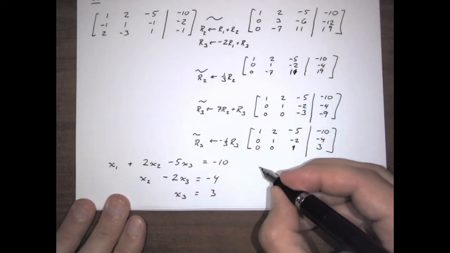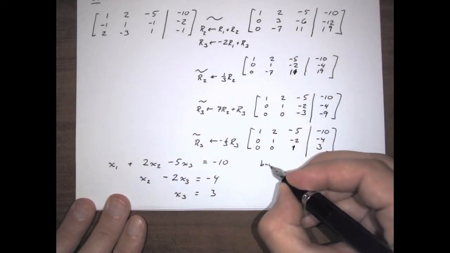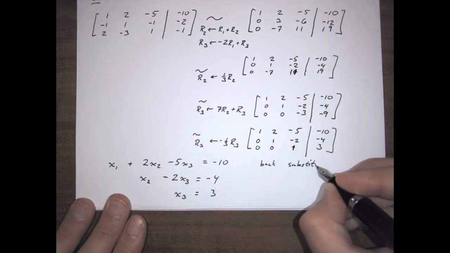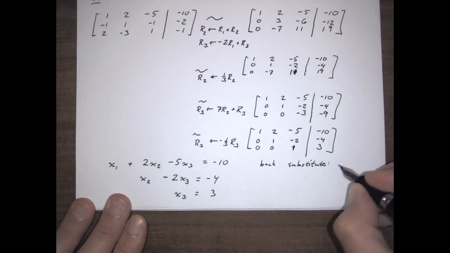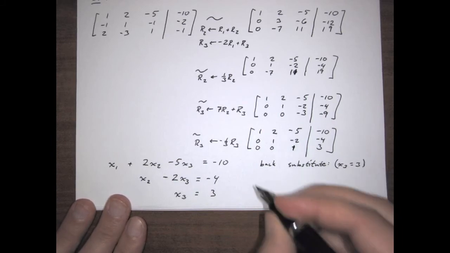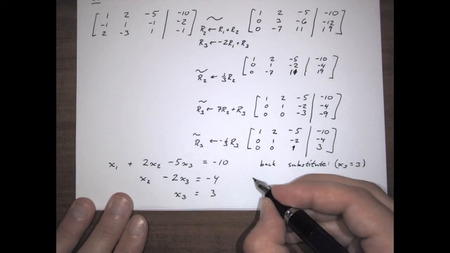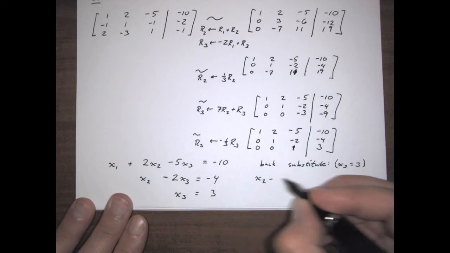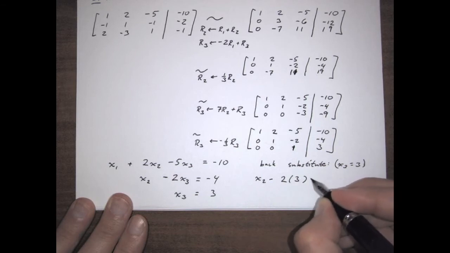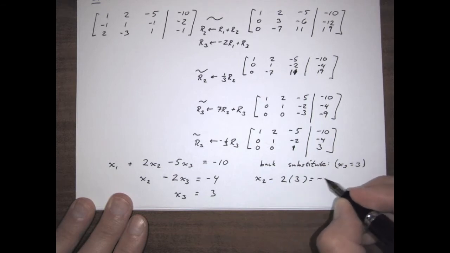That has told us specifically the value of x3. And so then we back substitute x3 equals 3 into the second equation here. So x2 minus 2 times 3 is equal to -4.